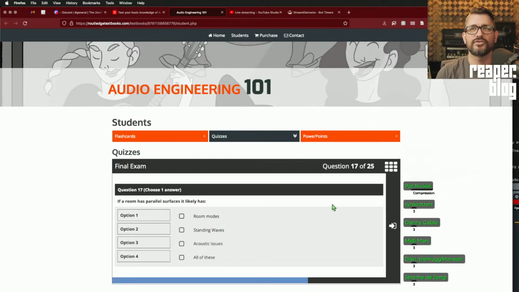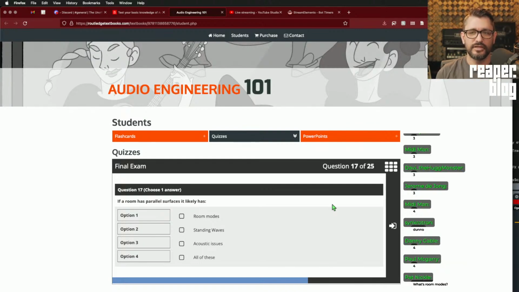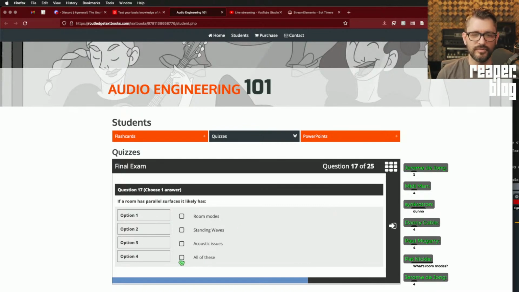If a room has parallel surfaces, like most rooms, likely to have room modes. Room modes is like certain frequencies kind of build up and you get a boost at the walls and you get dead spots in the middle of the room or multiple places within the room. Standing waves are essentially the same description. Acoustic issues, that's just general. So we're going to go with all four of these. Yeah.